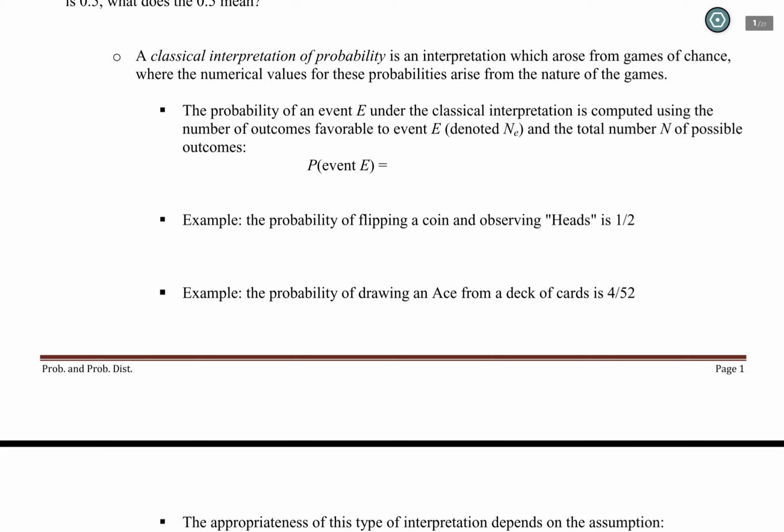The main thing with this is that the chance of an event E under the classical interpretation is computed by using the number of outcomes favorable to the event E, and we use the notation capital N subscript E, divided by the number of possible outcomes, capital N. And if you recall, capital N here is the number of outcomes in our sample space, and N subscript E is the number of outcomes in event E.